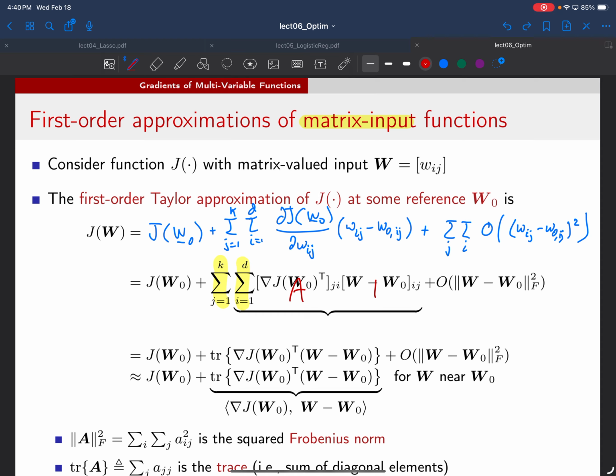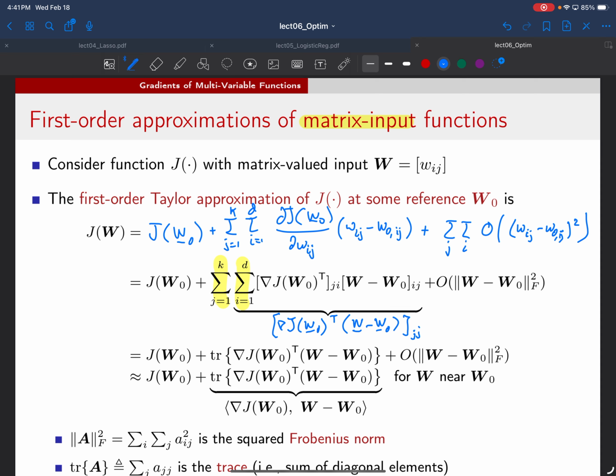So let me remove the red and write the full expression, using the actual quantities. This is going to be the gradient at the reference transpose times the deviation from the reference, that matrix evaluated at the jth row and the jth column. Good.